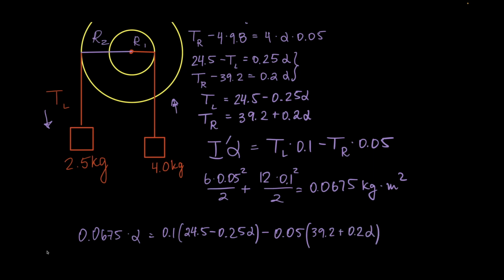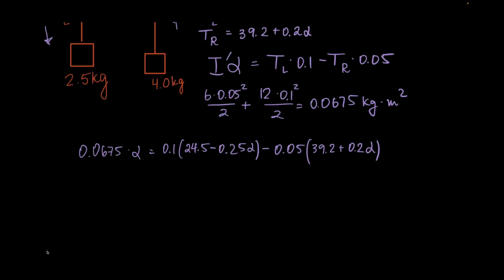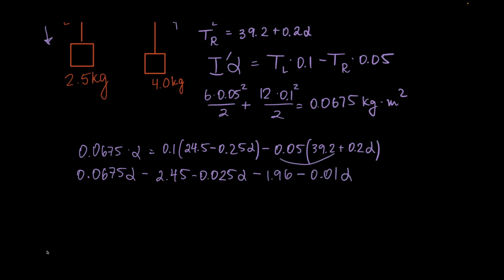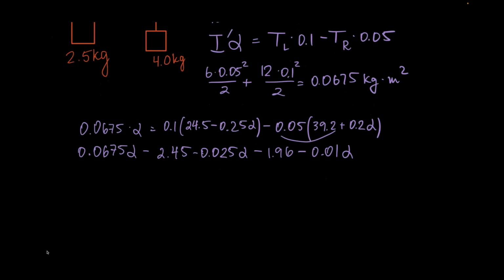Now the sad part is physics was over a long time ago. We're just corralling our algebra skills. Moving your decimal, 2.45 minus 0.025 alpha minus, now 0.05 times 39.2 is 1.96, and then minus 0.01 alpha. Okay, where's my equal sign? Right here.